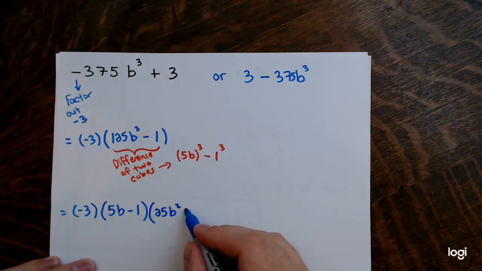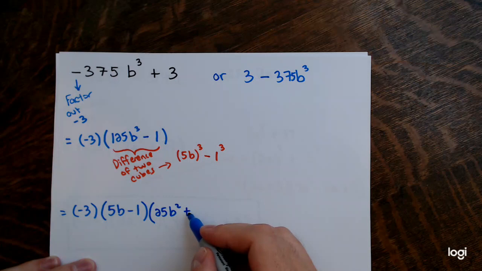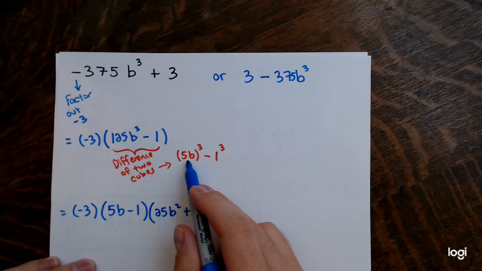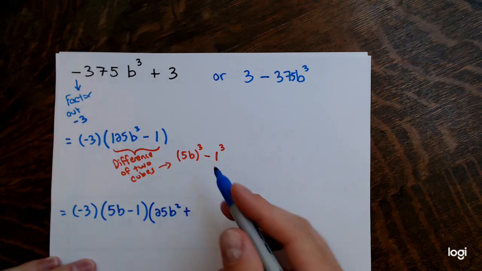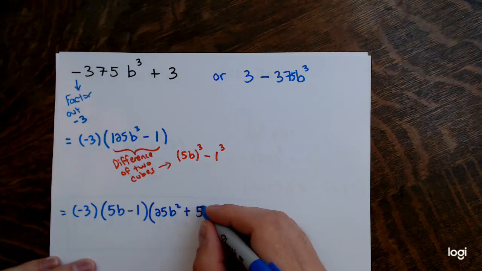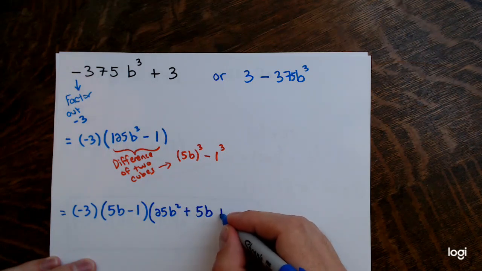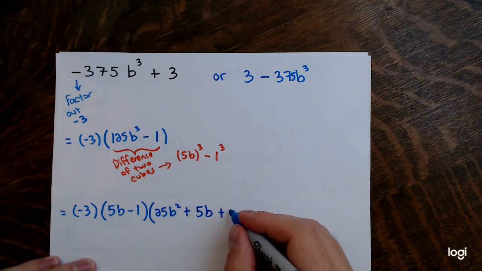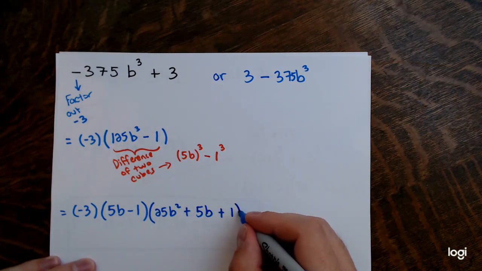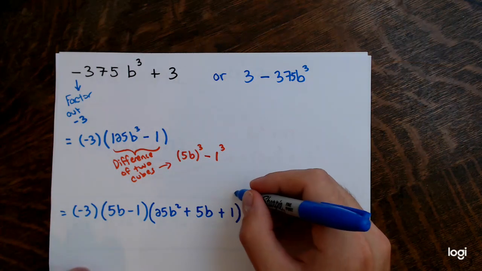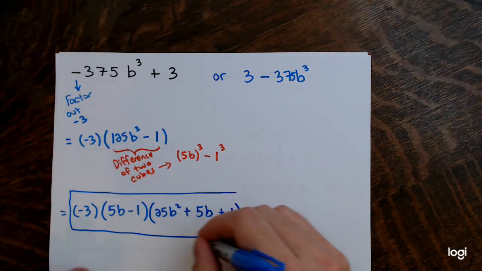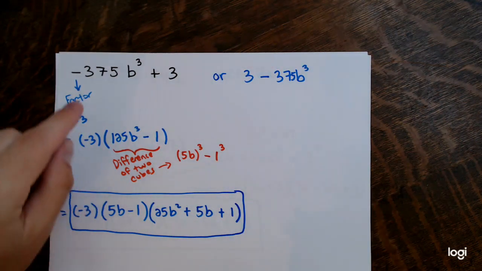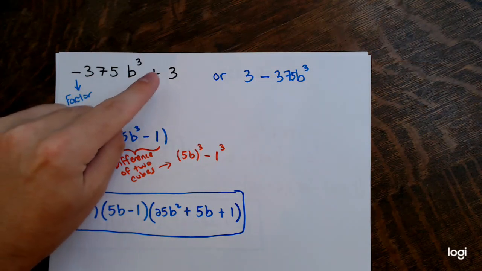Then plus, right, the opposite sign here, and then 5b times 1, right, the capital A times capital B, or just 5b, and then always plus before that last term in that last factor. 1 squared, 1 times 1, also just 1. And there you go. Alright, here's a completely factored version of negative 375b cubed plus 3.